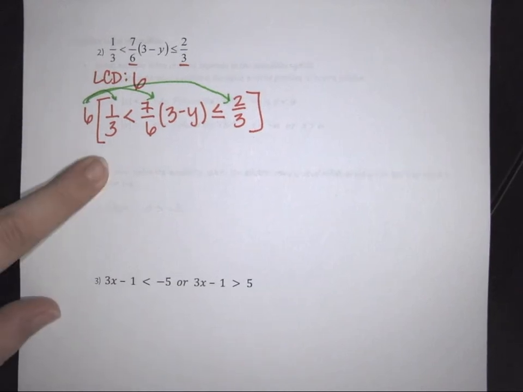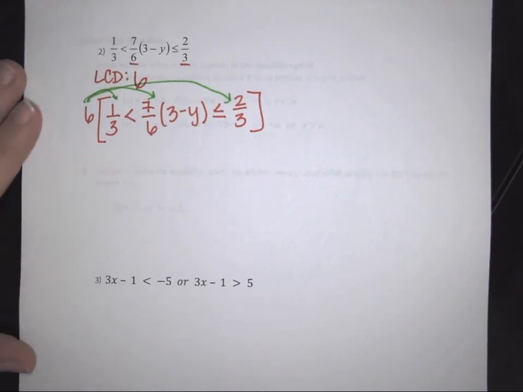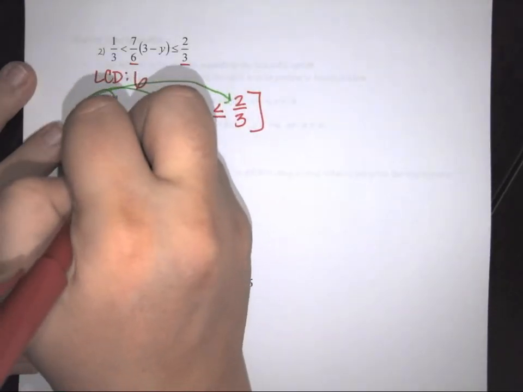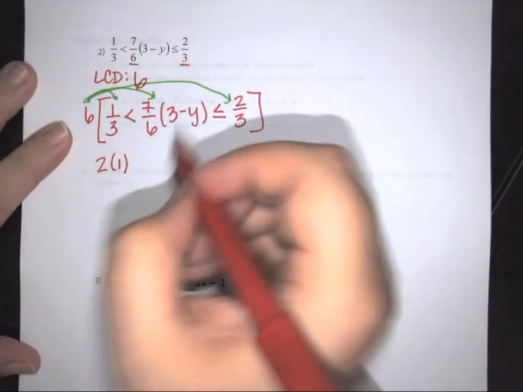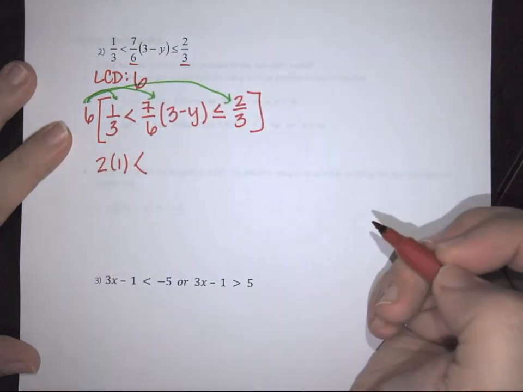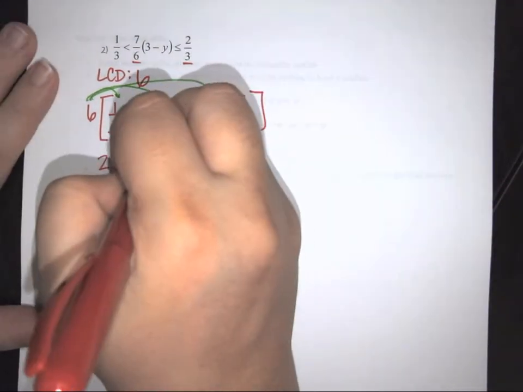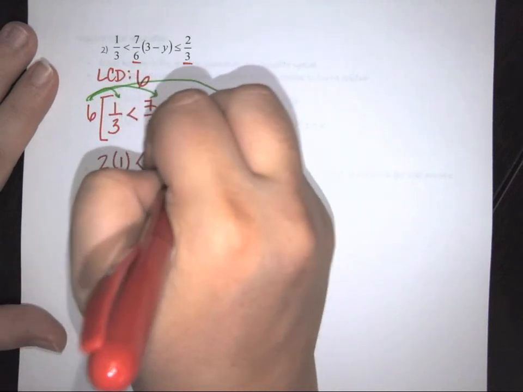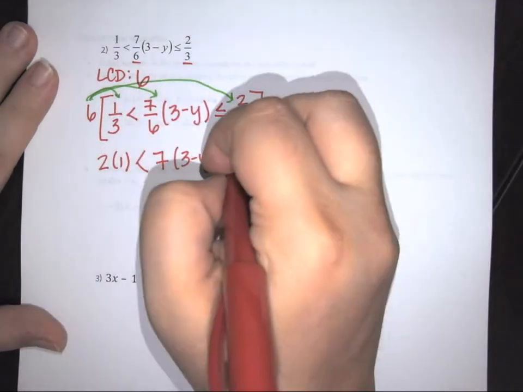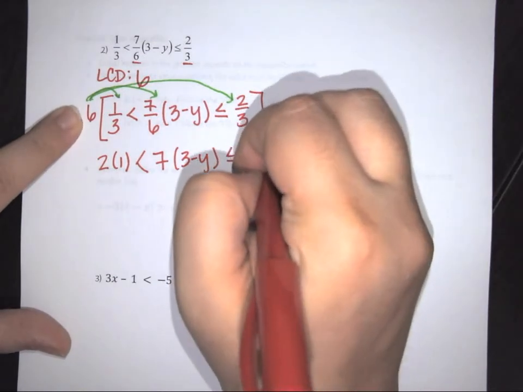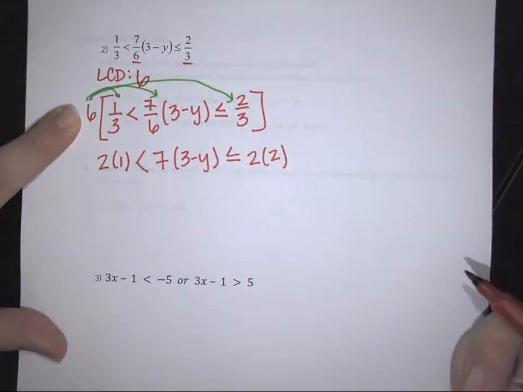So I have 6 over 3, and that's going to reduce down to 2. So this becomes 2 times 1. My 6 is positive, so my sign stays the same. 6 over 6 becomes 1, so this is 7 times 3 minus y. My sign stays the same. 6 over 3 again is 2 times 2.